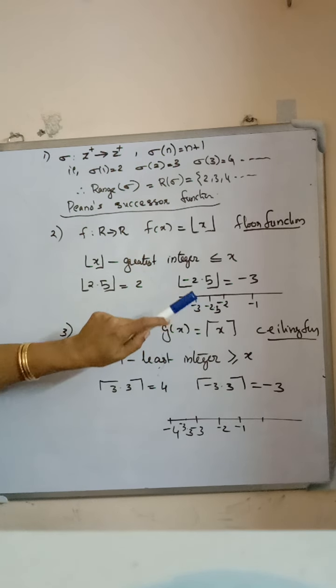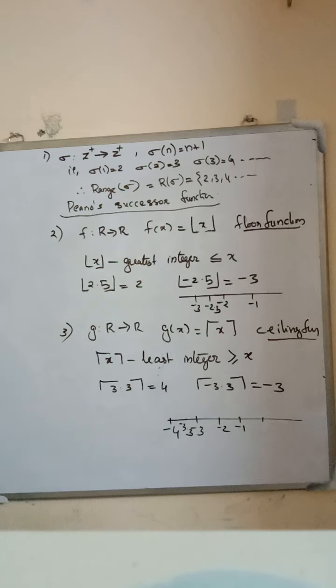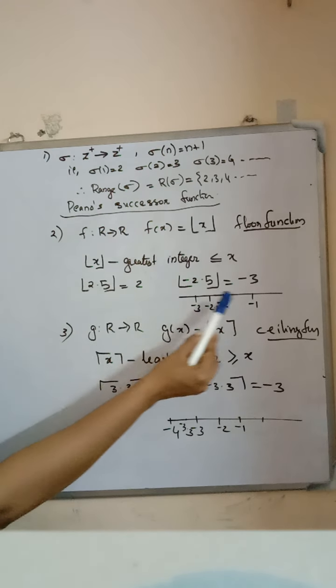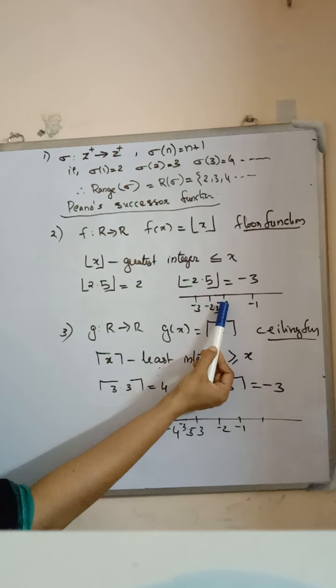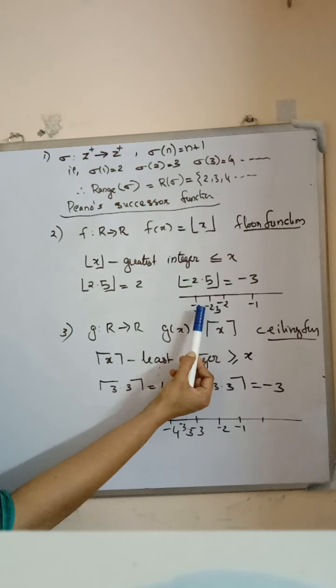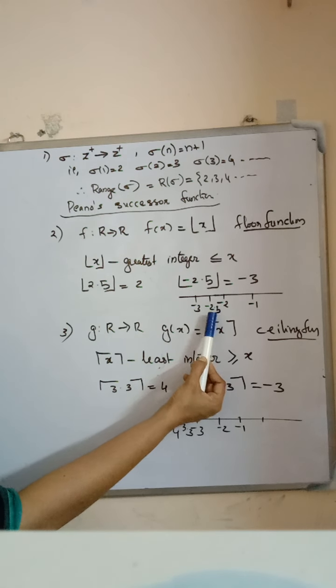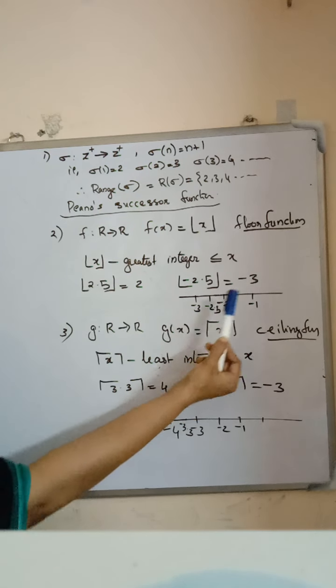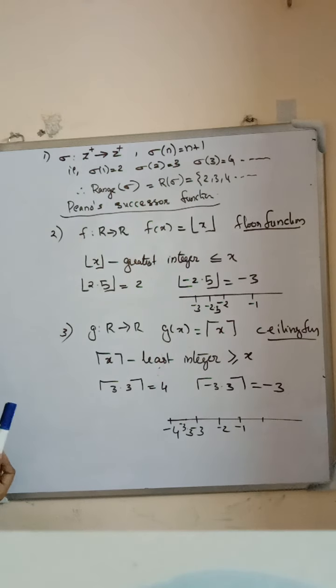For minus 2.5, the greatest integer less than minus 2.5: on the number line, minus 2.5 lies between minus 2 and minus 3, and the integer less than minus 2.5 is minus 3. So the answer here is minus 3.